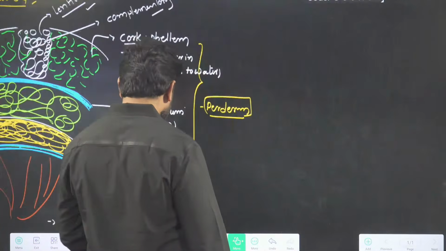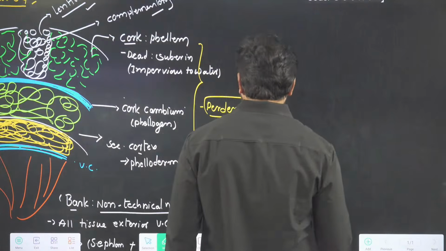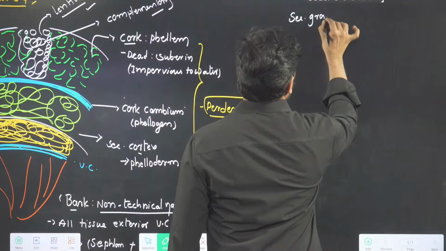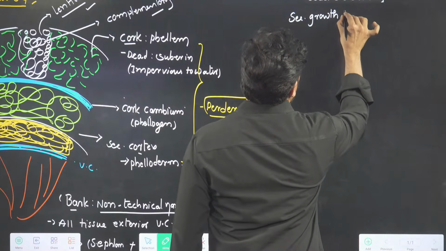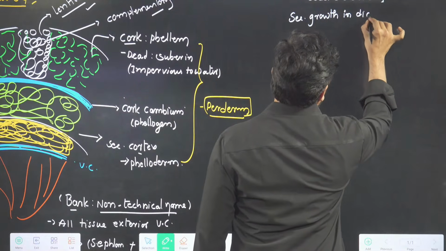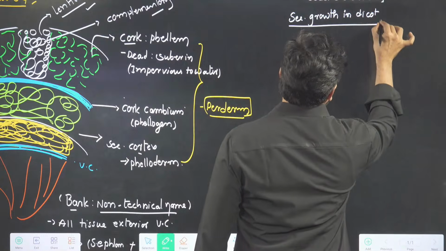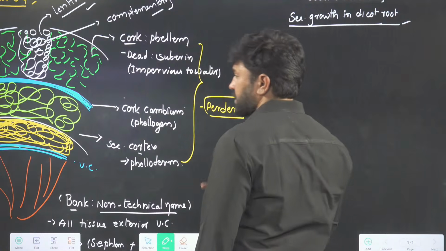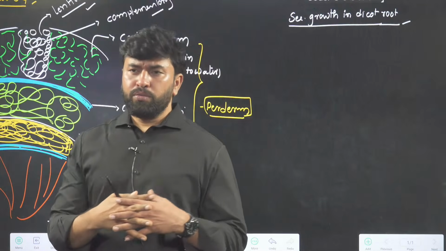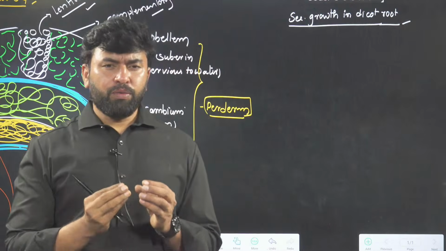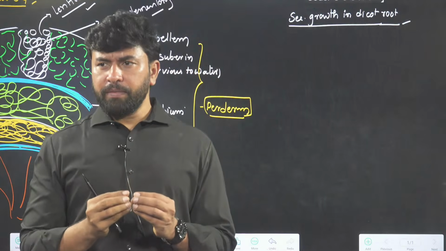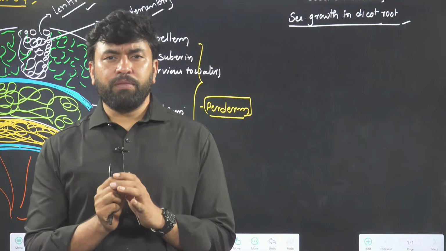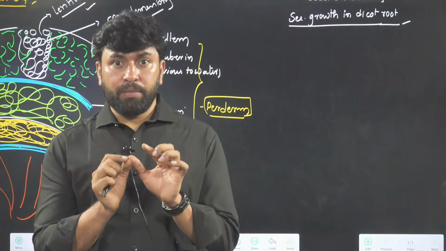Then go to secondary growth in dicot root. Dicot root secondary growth and dicot stem secondary growth are more or less similar, but in only one area we will find a slight variation, in the mode of operation of the formation of vascular cambium.